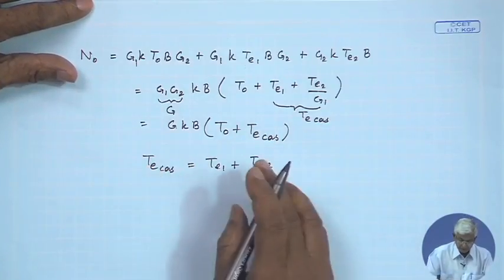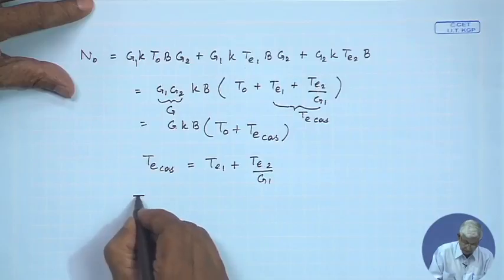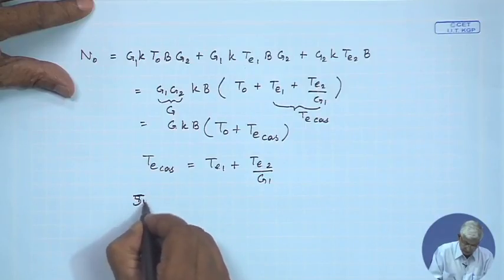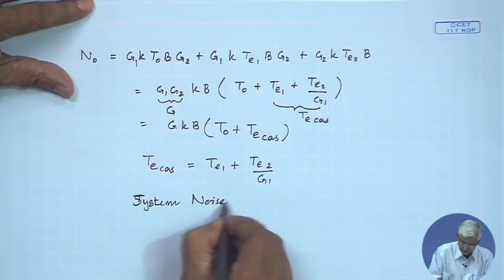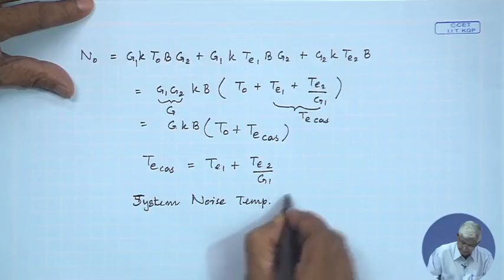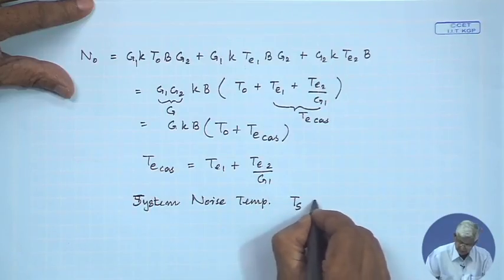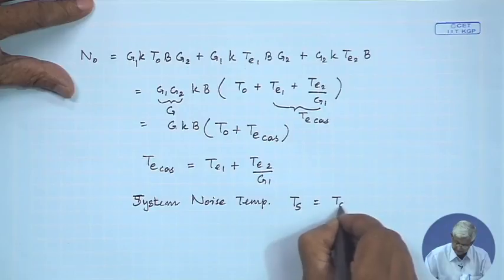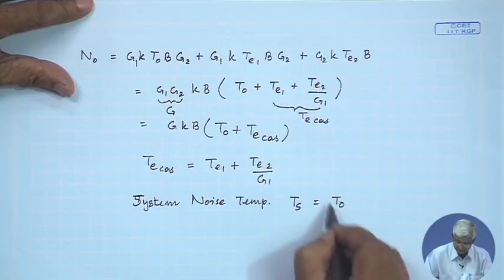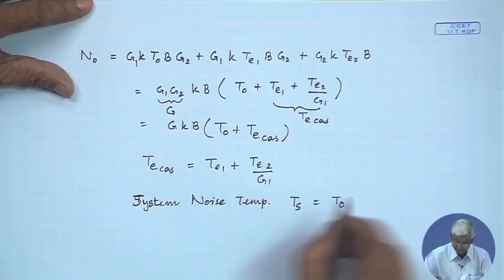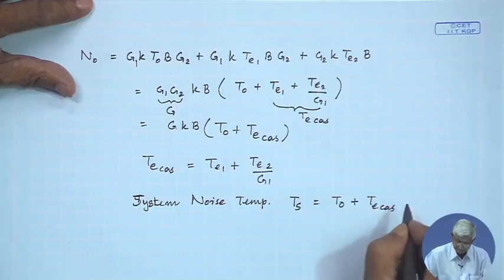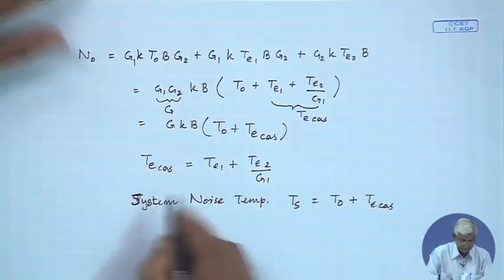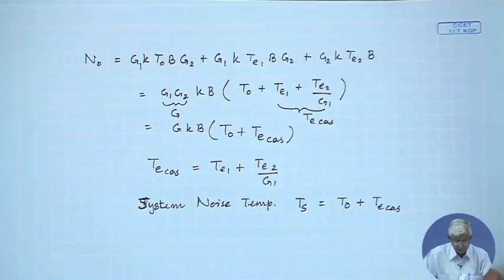And if we look at the overall system, the system noise temperature, which we call TS, is the input temperature, which is T0 we have assumed, plus TE cascaded. So, that is the system noise temperature. Now, we can convert the whole thing from noise temperature to noise figure.